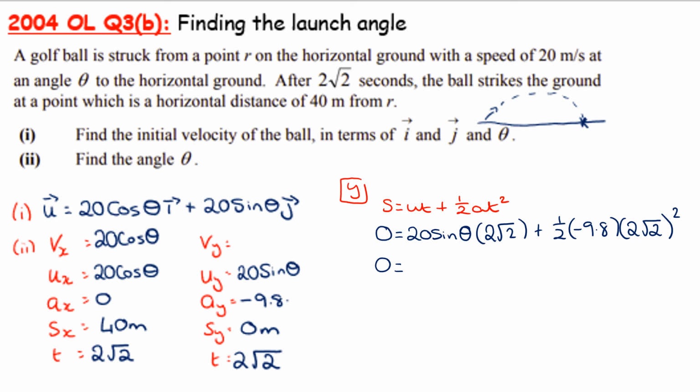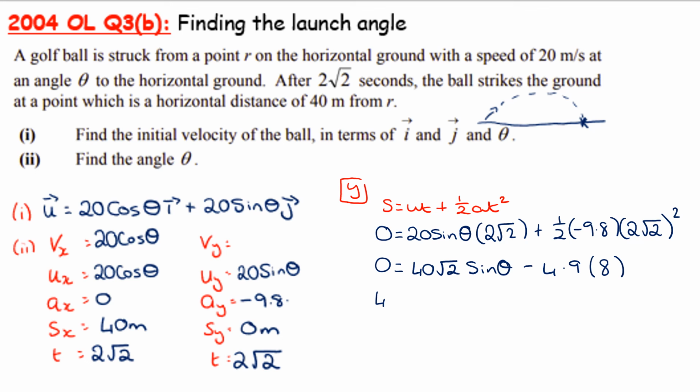Tidying that up, we get 40√2 sine theta minus 4.9 times 2√2 squared, which is 4 times 2, so times 8. Remember that we're going to have a slight rounding issue here because we're using 9.8, but they would have assumed that we're using 10 because of the ordinary level question.